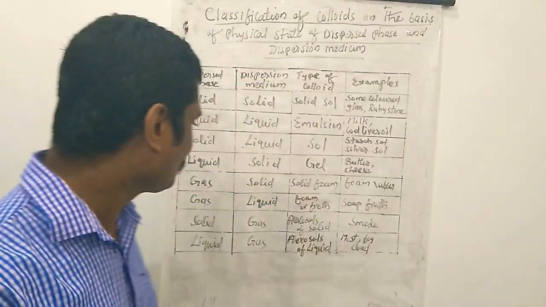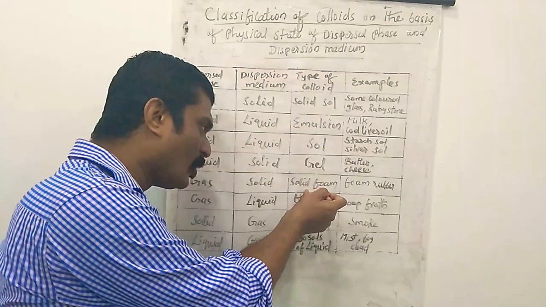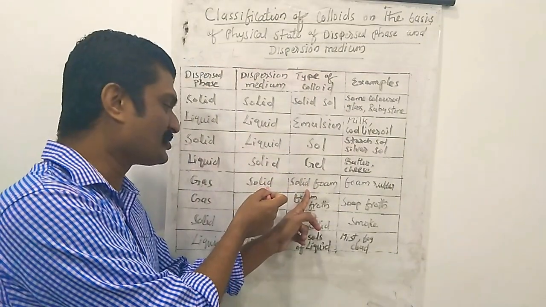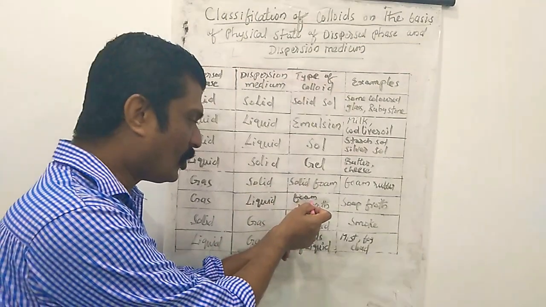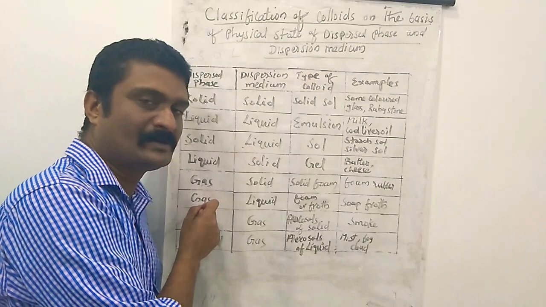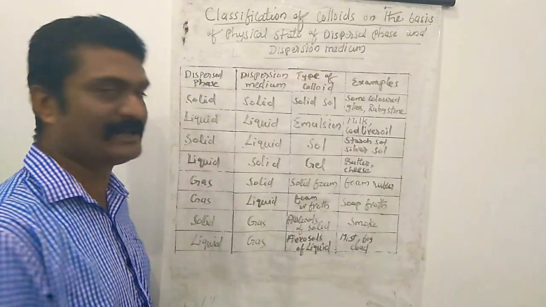But solid foam is formed by dispersing gas in a solid, and foam or froth is formed by dispersing the gas colloidal particles in a liquid.